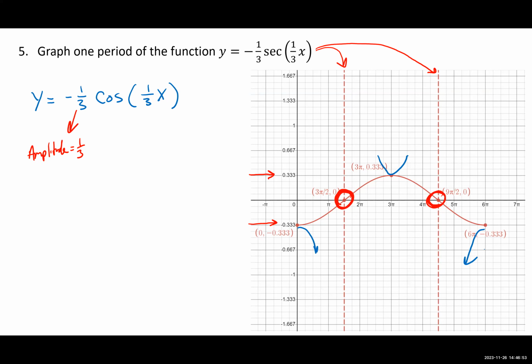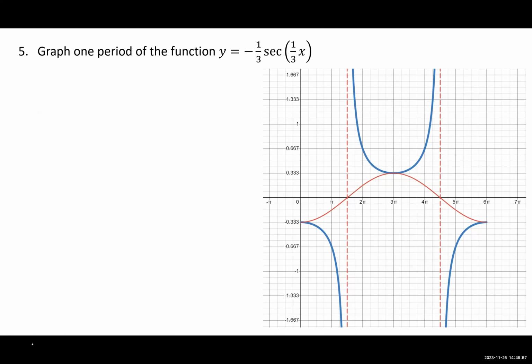All right, we know the end behavior, which is what's happening at the asymptotes. So the graph of negative 1/3 times the secant of 1/3 x will look something like this. Notice the period is not 0 to 2 pi, it's 0 to 6 pi. And again, this is something we've discussed previously.